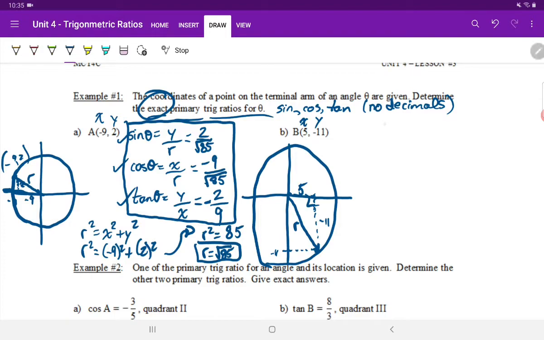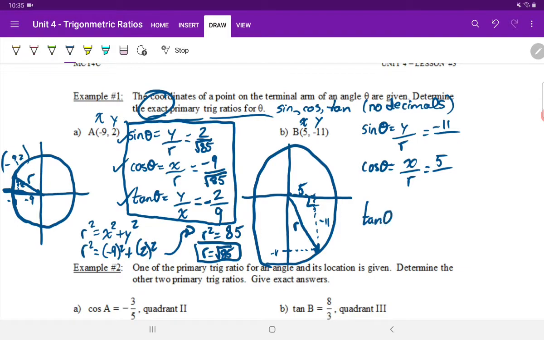Because I know I'm going to need r, I have to write out the three ratios. So sine theta equals y over r. Well, all I know is y right now. It's negative 11 over whatever r will be. Cos theta equals x over r, which is 5 over whatever r will be.